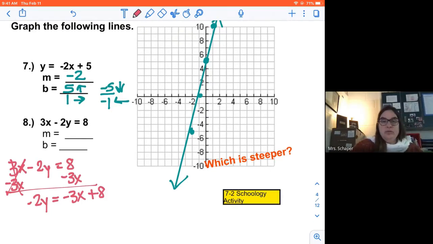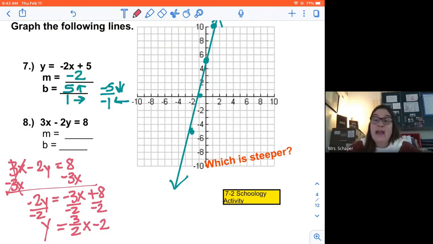And then what we're going to do is we're going to divide everything by -2. So y equals 3/2 x minus 2. And it's 3/2 x because negative divided by negative is positive. So my slope is 3/2.